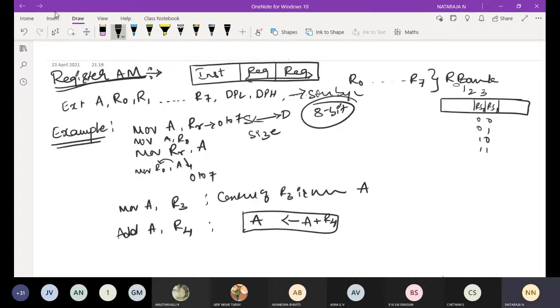Okay, these are the valid examples. Next, let us take some invalid examples.